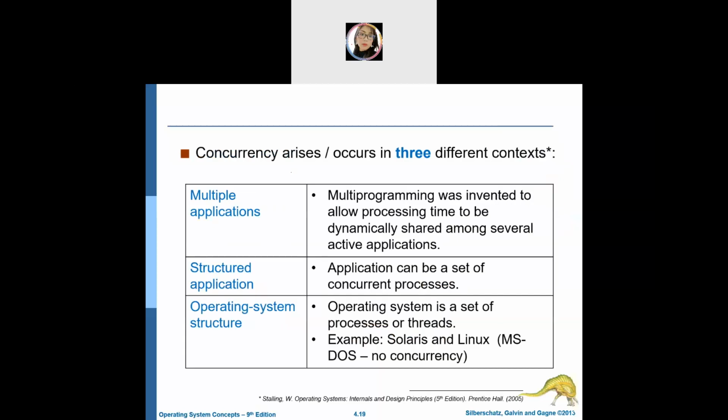Concurrency arises and occurs in 3 different contexts. So what is the context or trigger that makes concurrency happen? First, please remember in your mind that when you deal with concurrency, it is normally in a single core.